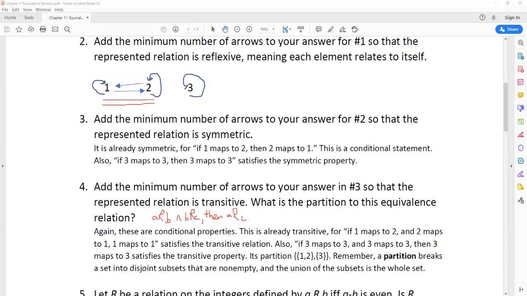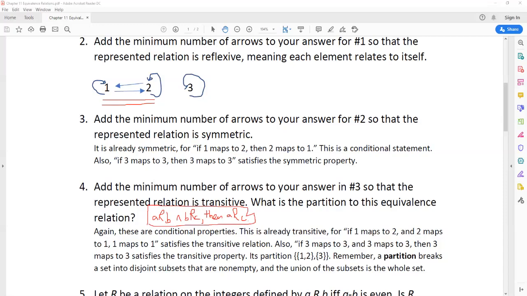We could also say the same thing about element 3, because if 3 relates to 3 and 3 relates to 3, then 3 relates to 3. Seems somewhat redundant, but that's how we test these relationships.